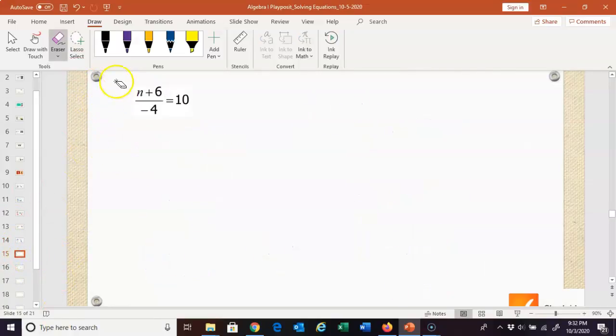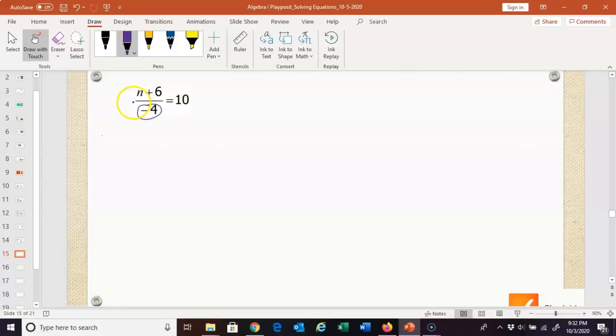In this example, that fraction top is stuck together with that plus 6. So first we need to get rid of this -4. And this is where we're going to see the inverse of division come into play. We haven't seen that yet. Remember, this bar also means division.